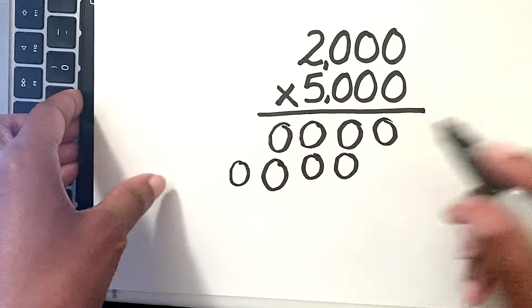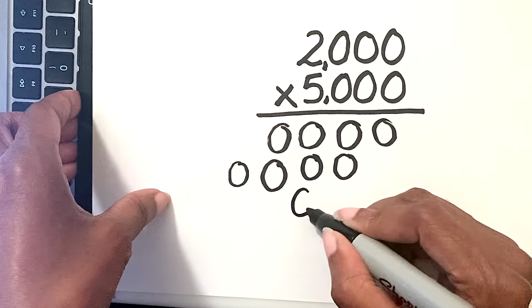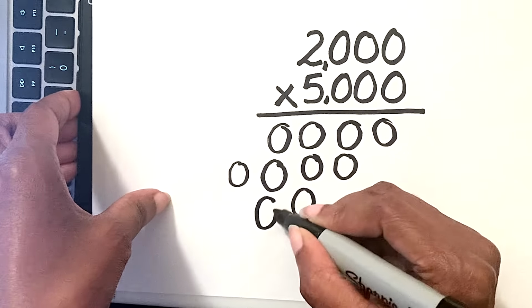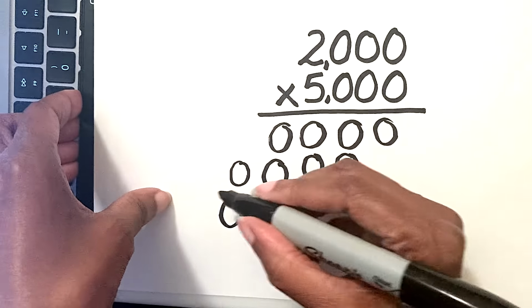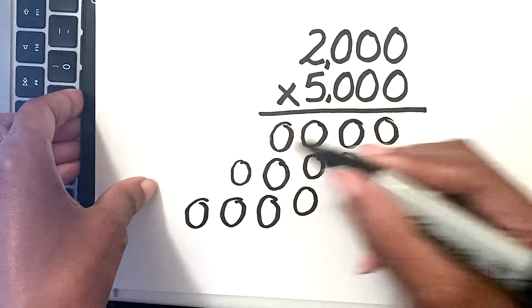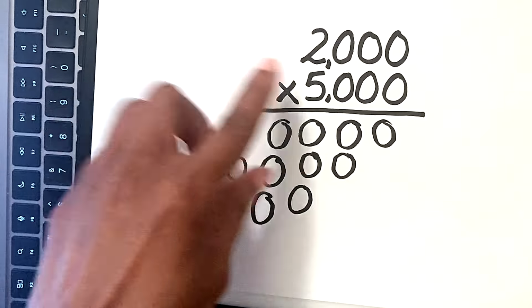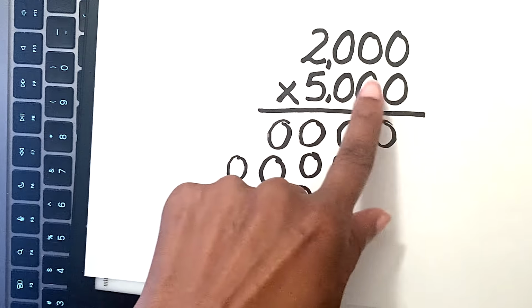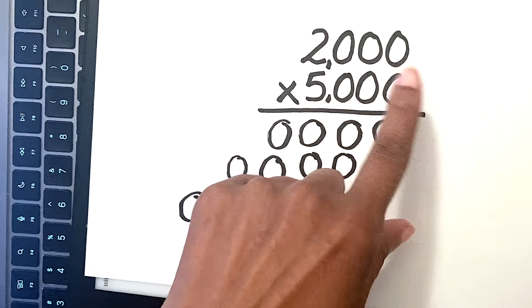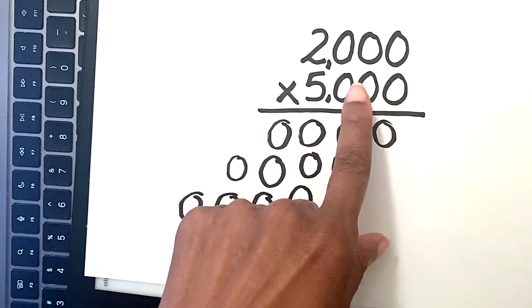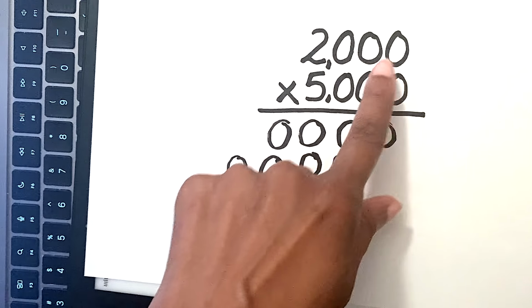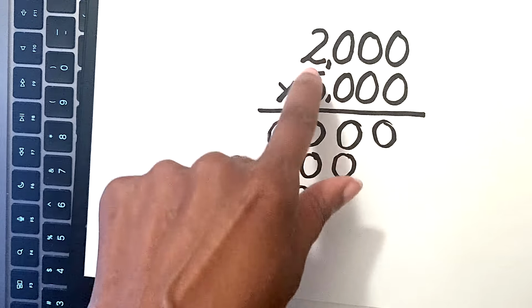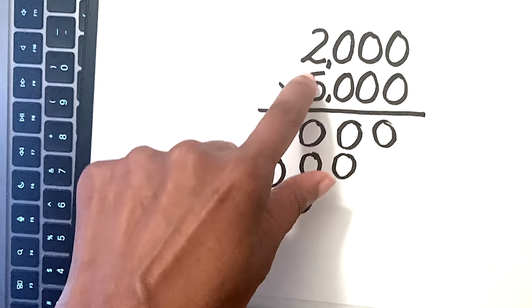Okay? So, this is 0. Okay. Alright? Now we're done multiplying every number by 0. Okay? So now we got to multiply by these 3 zeros here and then the 2 and the 5 here.